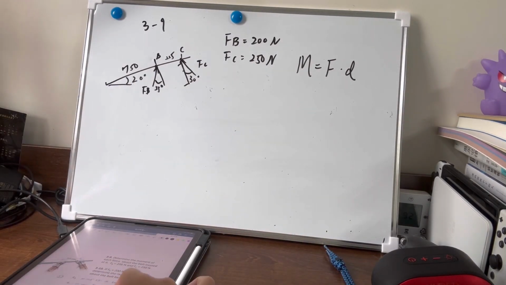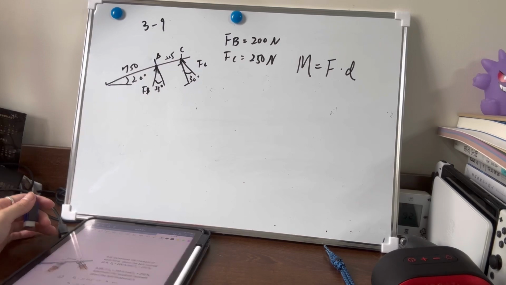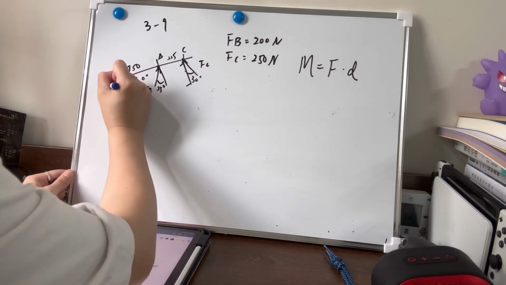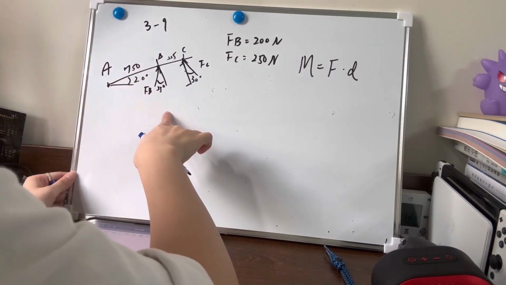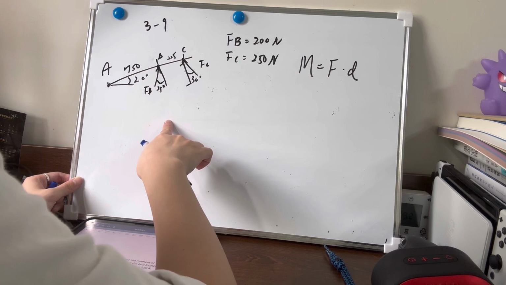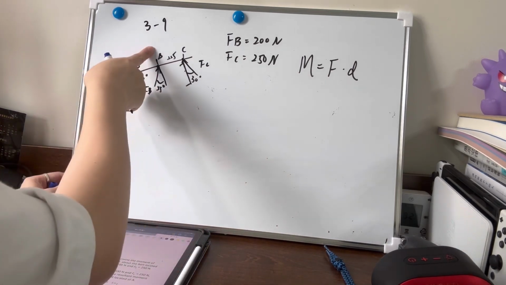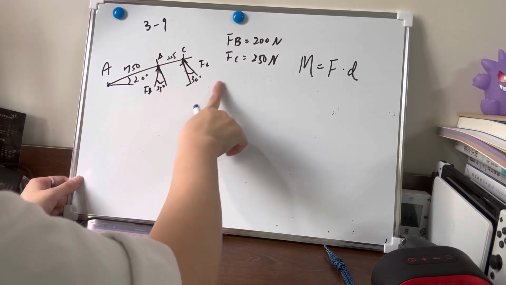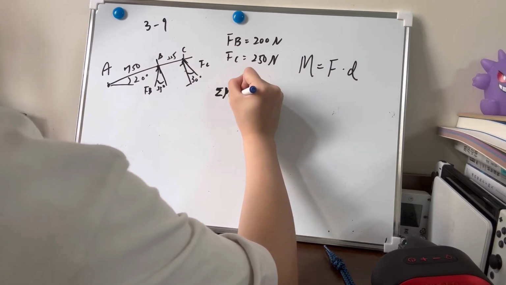Now the question asks us to determine the moment of each force about the bolt located at A. So point A is here, so we have to calculate each moment at the point B and the point C. So first of all, we calculate first at the point B. So summation MB.